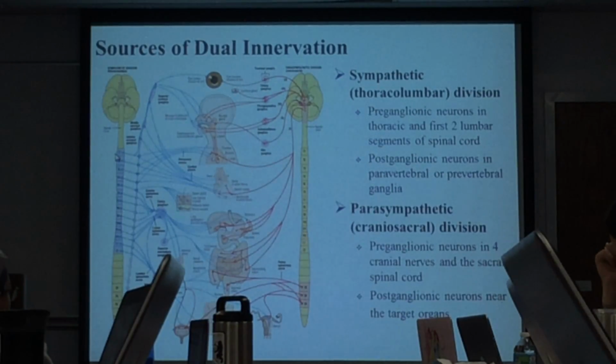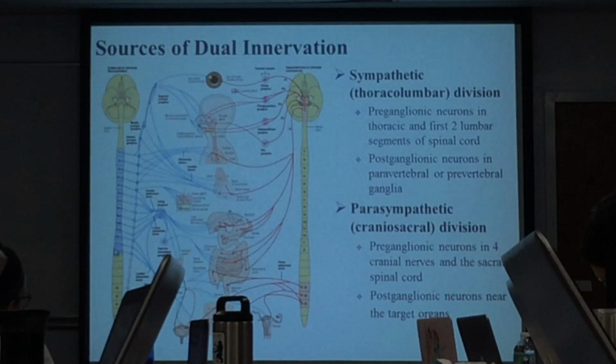The preganglionic neurons originate from thoracic segments T1 to T12, and also include two lumbar segments of the spinal cord.